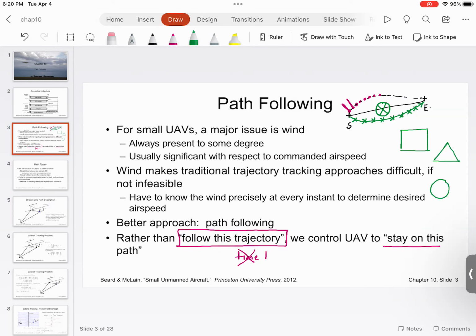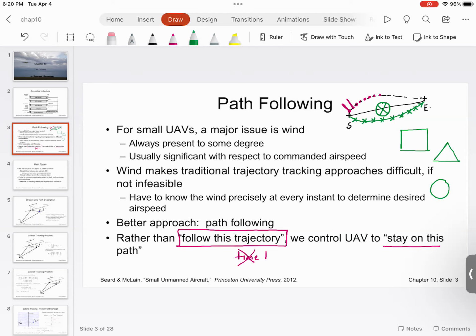But an important part in the case of MAVs or UAVs is wind. So UAVs typically cannot fly at very high wind. There are some small UAVs that can fly when the winds are like 10 knots or 15 knots, which is 15 to 20 miles per hour of wind.